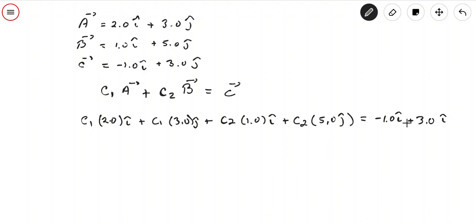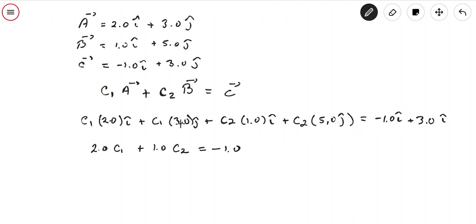So now, you're just taking the i components, right? Writing an equation with the i components, I can say that 2.0 times C1 plus, in this case, 1.0 times C2 is equal to negative 1.0, which is the component of the vector C that I have on the right side, the i component.